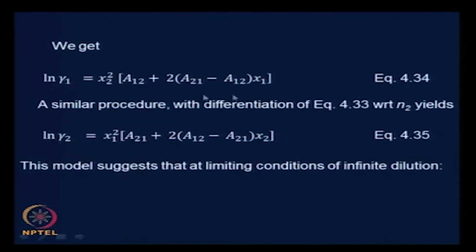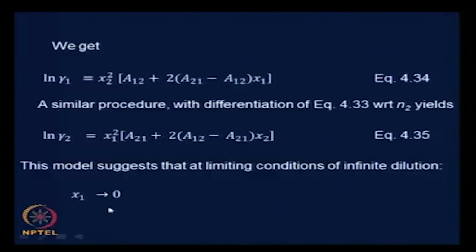The model for gamma 1 and gamma 2 suggests something at the limiting conditions of infinite dilution. What does infinite dilution mean? It means that one of the components has gone to 0 and the other component is what is there completely. If x1 has gone to 0, x2 is 1, and therefore ln gamma 1 is nothing but the constant A12.